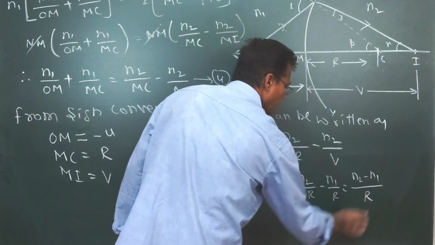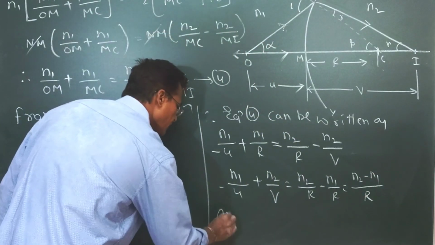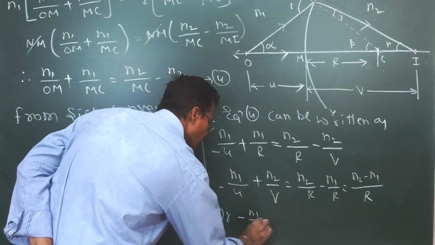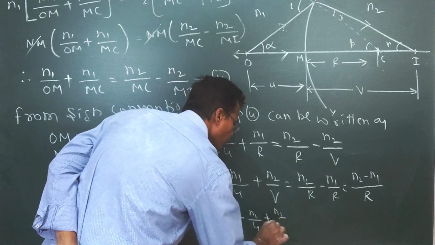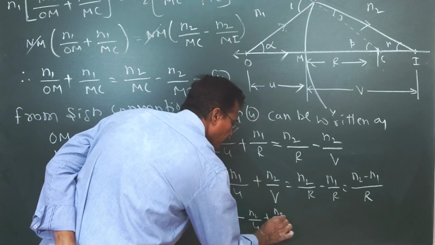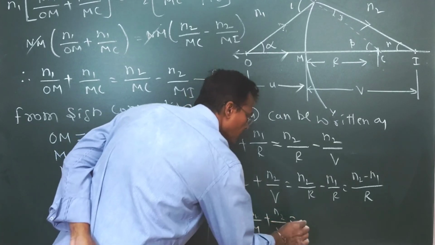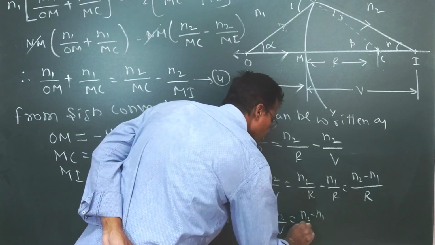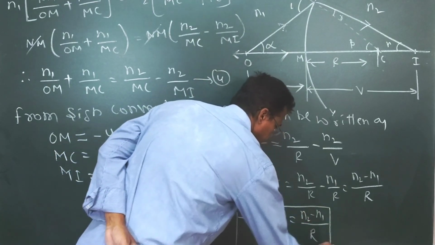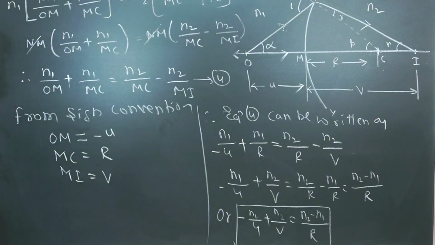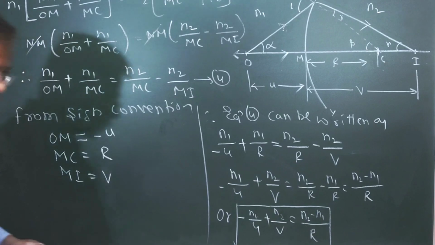Or we can rewrite it as minus n1 by u plus n2 by V equals n2 minus n1 by R. That is the ultimate equation, the relation connecting n, u, V and R. I hope you have understood.